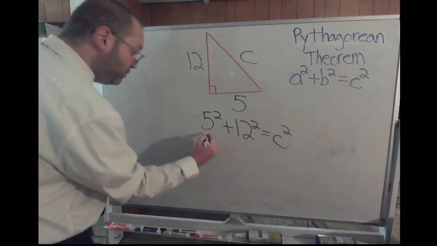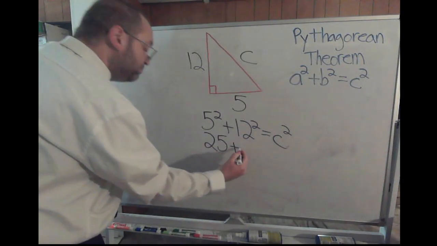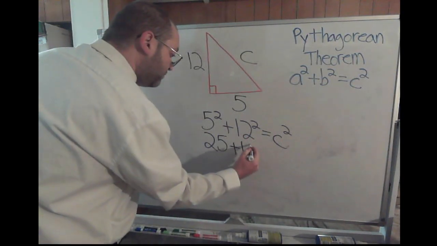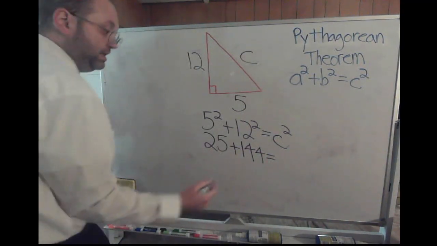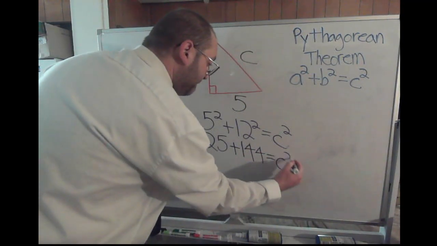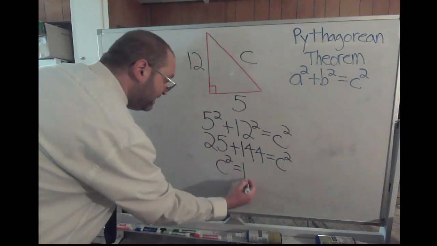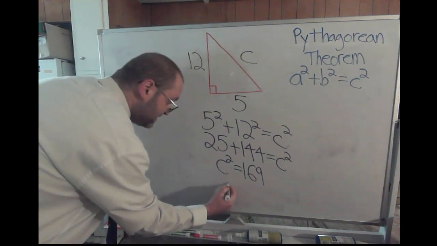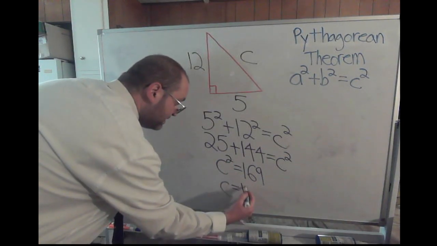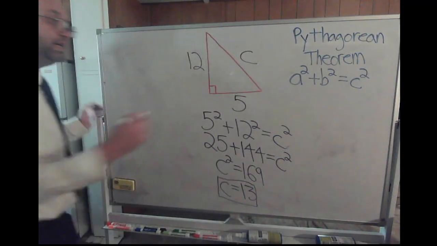Alright, well 5 squared, that's 25. Plus 12 squared, that's 144. That's going to be equal to c squared, which c squared would equal 169 when you add those two together. Square root of 169 is 13. So the length of side C, the hypotenuse, would equal 13.